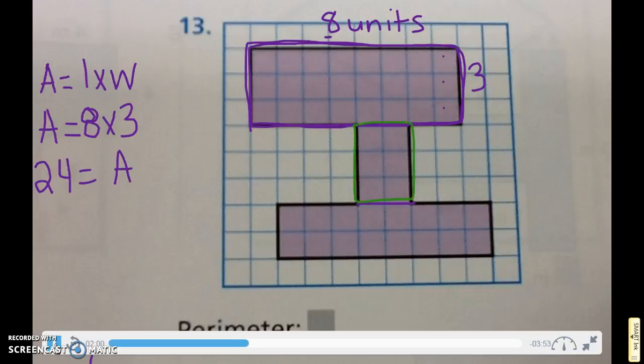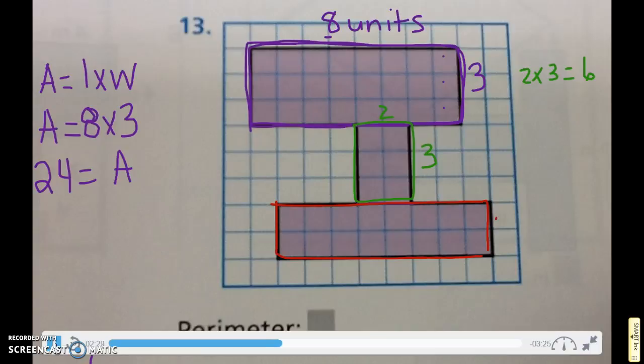Now I must find the area of this smaller rectangle. I can see that there are 3 units here and 2 units here. So I can multiply 2 times 3, which will give me 6. Now I have to find the area of the next rectangle.